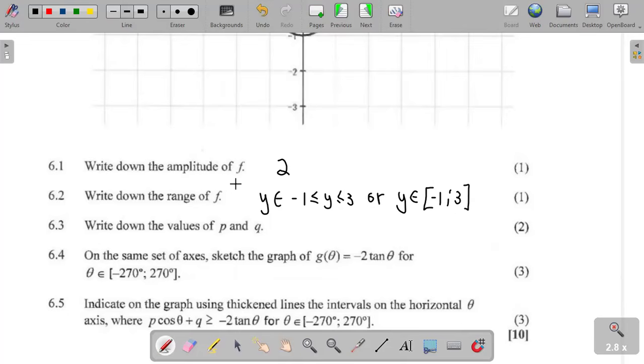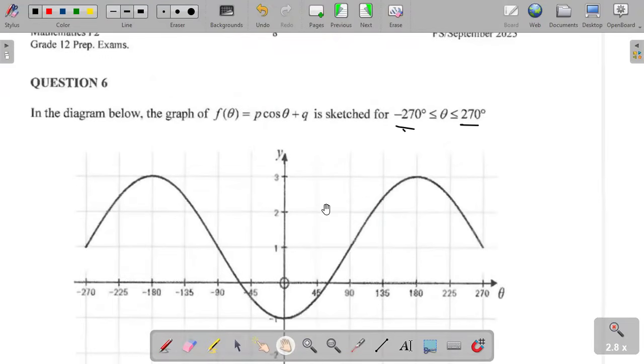Write down the values of P and Q. Okay, so P and Q. We know that P is the what? Isn't it P is the amplitude of the graph? P tells you something about the amplitude. Okay, and then Q is the vertical shift.